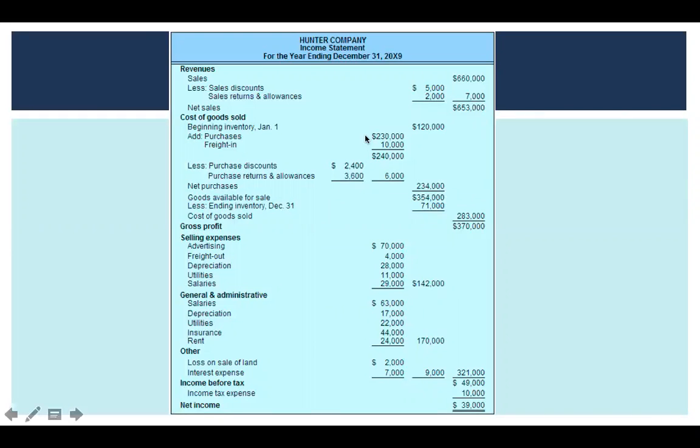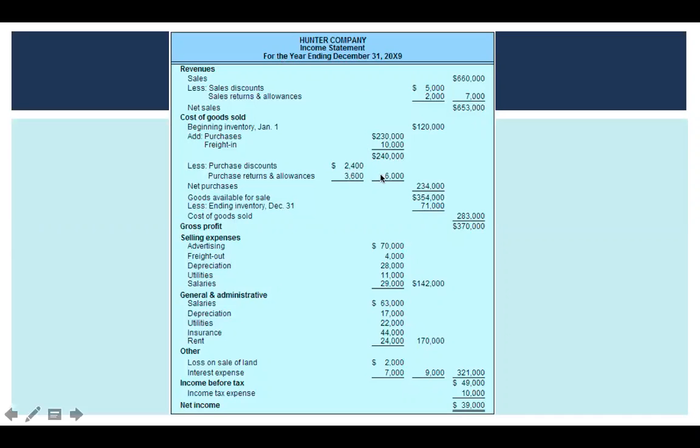Over the course of the year, because this is for the year ending, they purchased $230,000 worth of inventory. They have freight costs. So they take this $120,000 plus the $240,000. In this particular example, there are some discounts. Maybe there was a sale on some of the goods that they were purchasing.